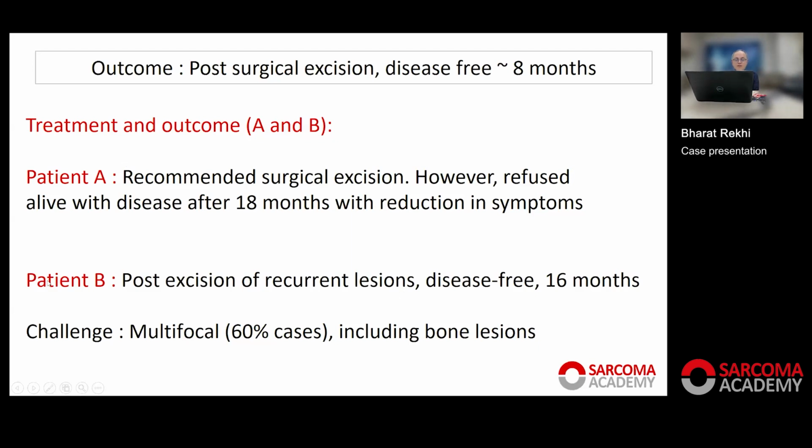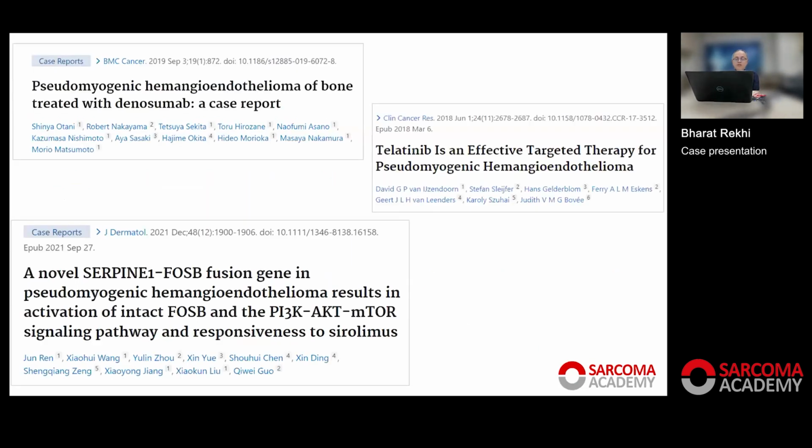So the challenge can be, while managing these cases that we've seen over the years, whenever they are multifocal, which happens in 60% of cases, especially in bone lesions, and these can be very concerning on imaging and also cause persistent symptoms in patients. So there are some alternative therapies coming up on the horizon to inhibit the bone destruction.